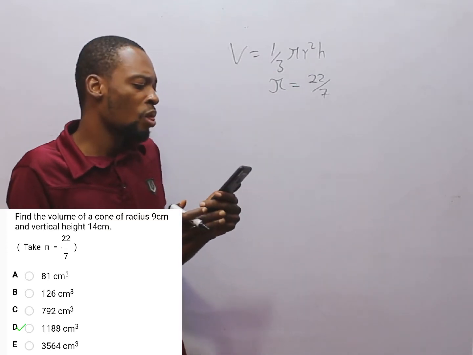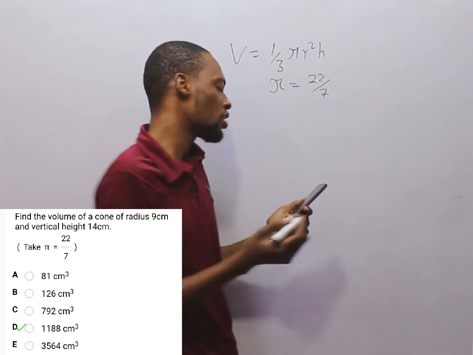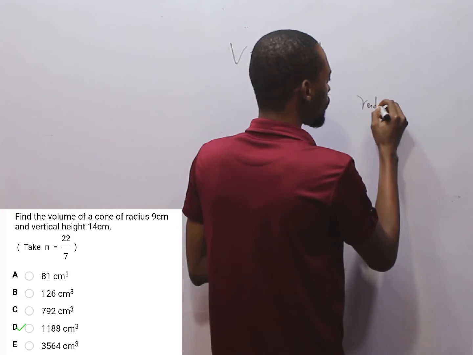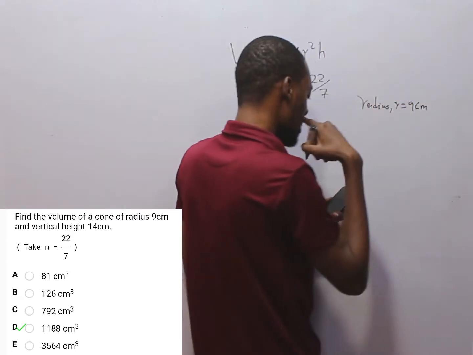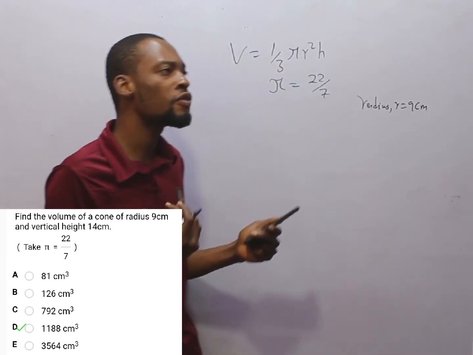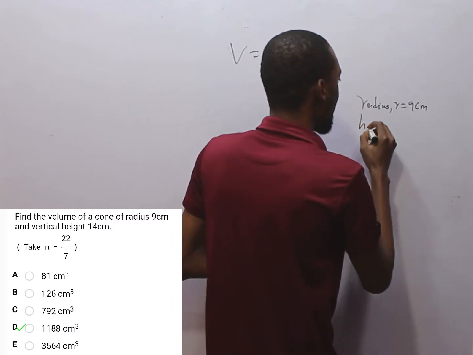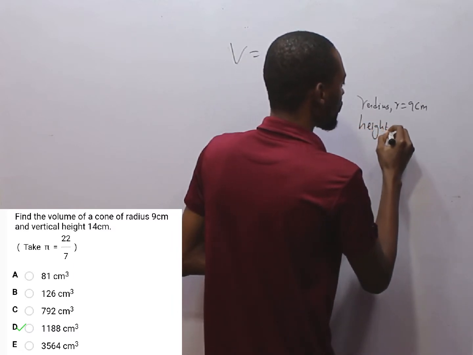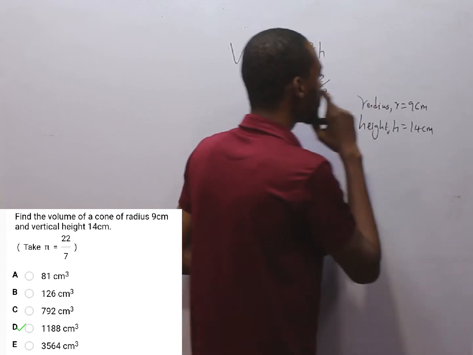We are told to find the volume of a cone of radius 9 cm. So radius r is equal to 9 cm and vertical height 14 cm. So we are given the height of the cone. Height h is equal to 14 cm.